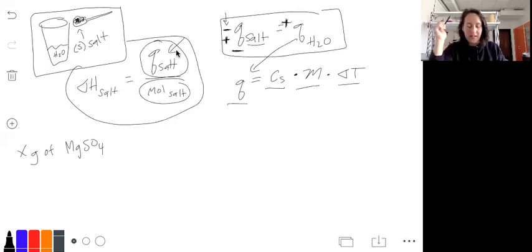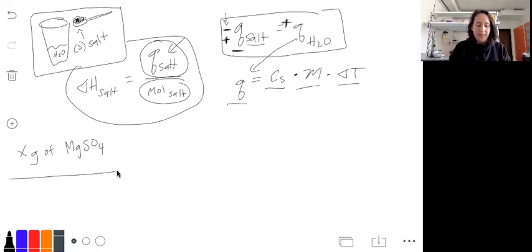So in one experiment, I don't know which is which, I apologize, but let's use magnesium sulfate for one example. I'm fairly sure that's an exothermic salt dissolving reaction, because when you put it in water, it gets hot to the touch. So it's releasing a bunch of heat.